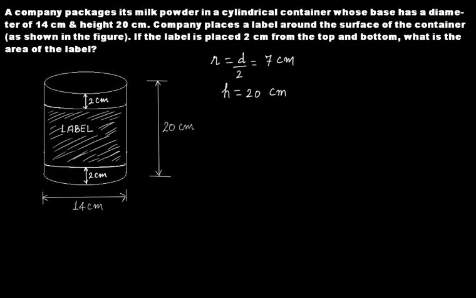It means that the height of this round surface, which is itself of cylindrical shape, is now 16 centimeter, right? The label has been put on the lateral surface 2 centimeter from the top and 2 centimeter from the bottom, so this surface has a height of 16 centimeter. The radius will remain the same. That is not going to change.